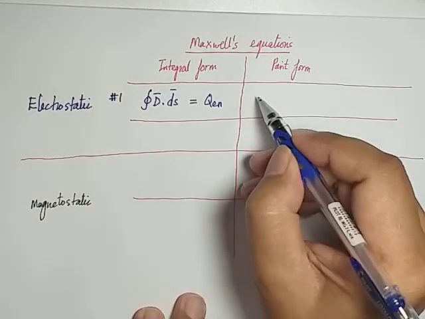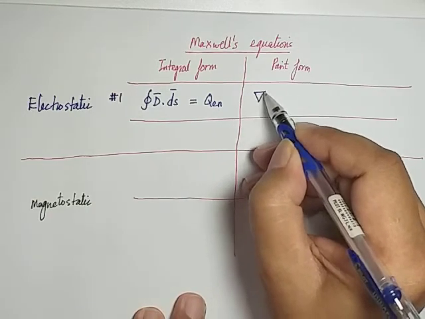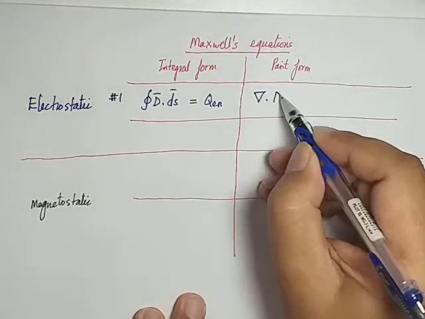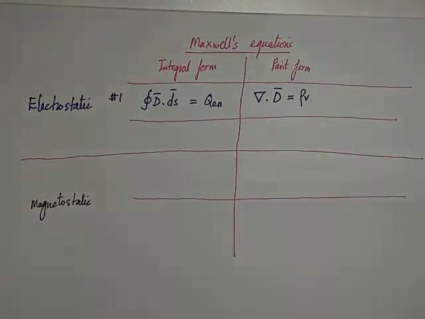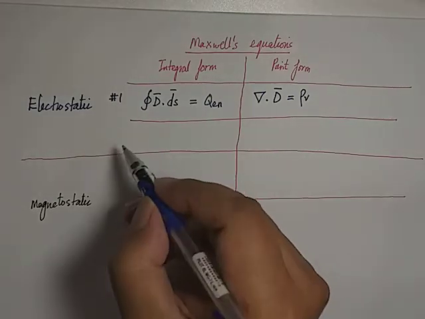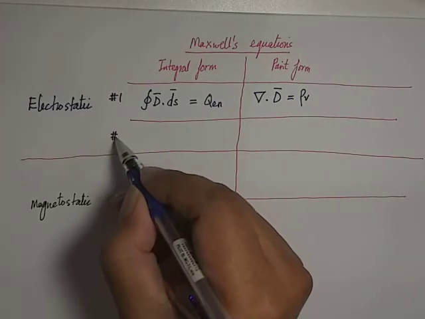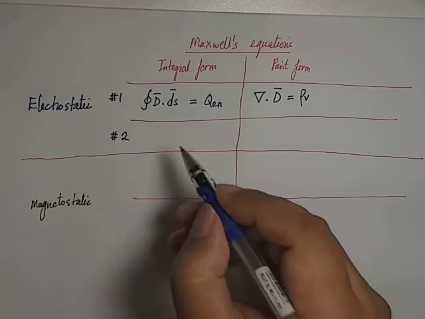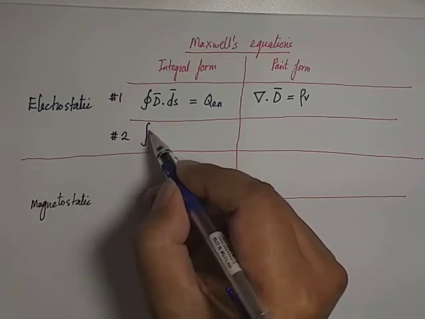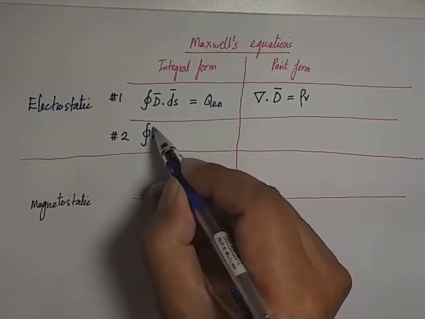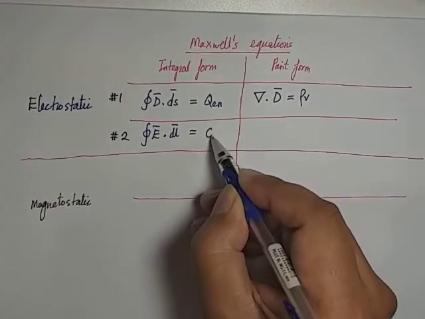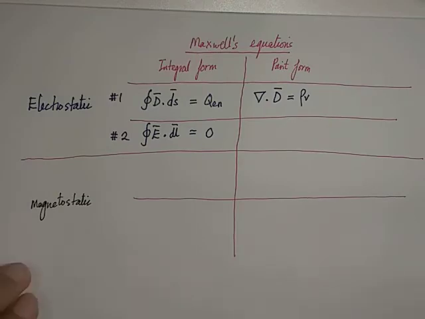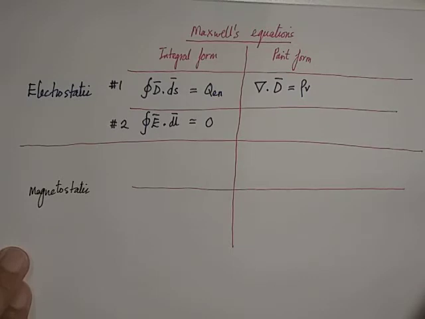In point form, we have proved this equation together when we talked about the divergence model: divergence of D equal to rho V. And the second Maxwell equation, which we observed when we talked about potentials, is E dot dl equal to 0. Okay, that should be our two Maxwell equations in the world of electrostatic.